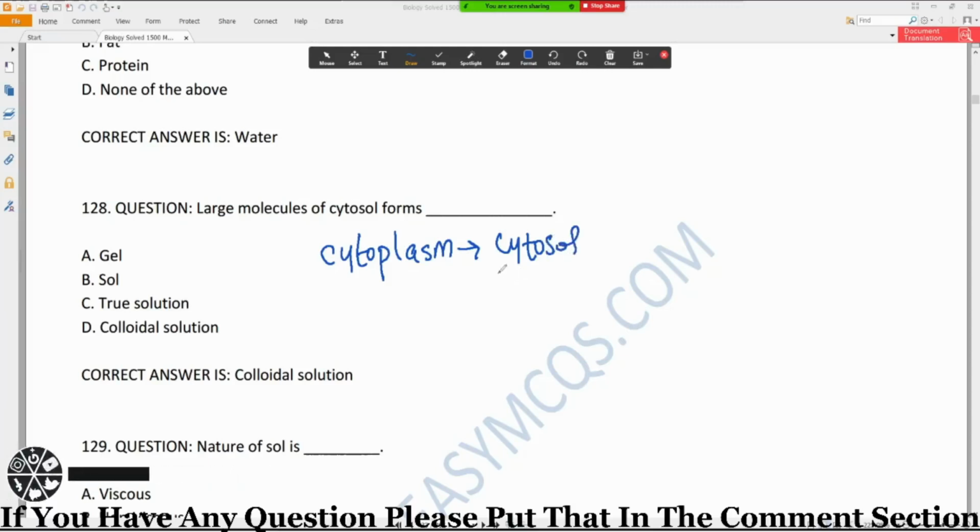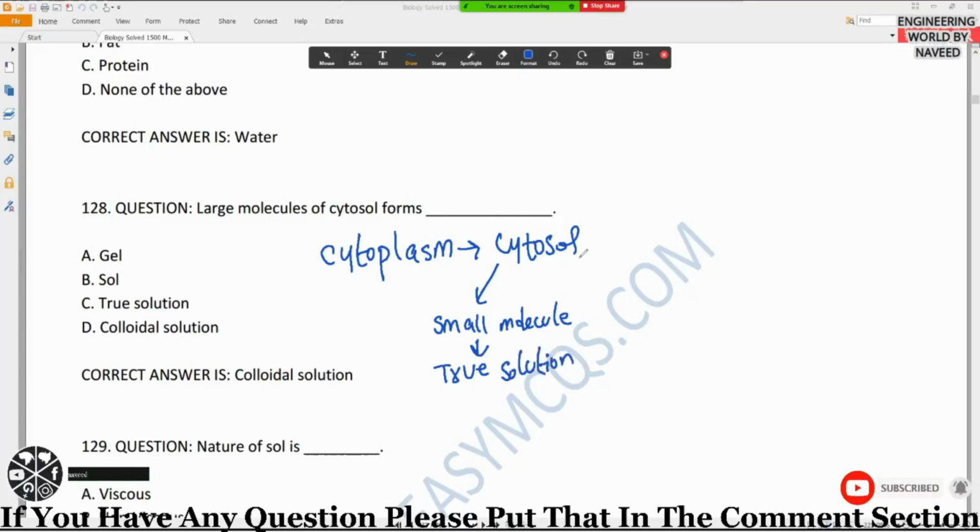Cytosol has small molecules, large molecules, viscous fluid, and non-viscous fluid. The small molecules which form the cytosol are called true solution because it has small molecules. Okay, the size of molecule which are larger than small molecule is called colloidal solution.